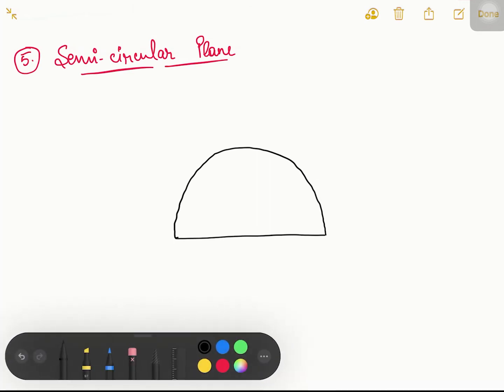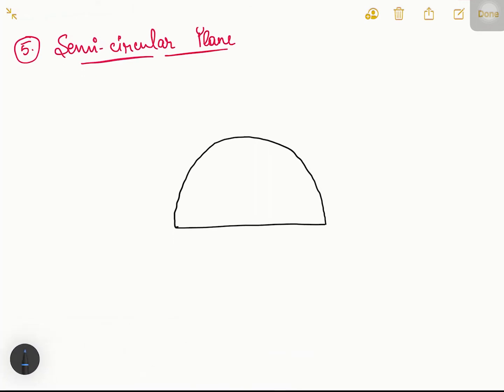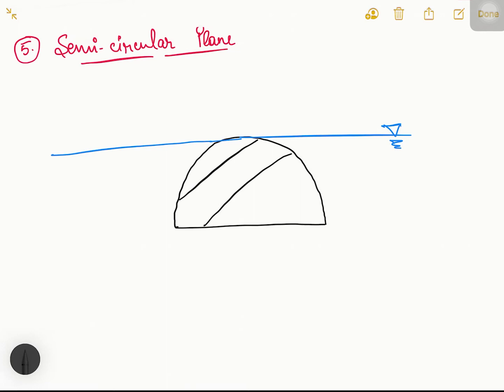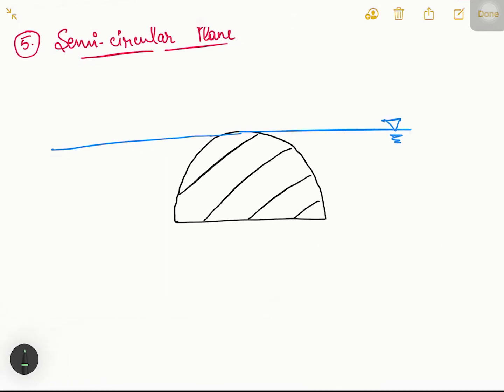So this is your semicircle. Somewhere here your CG will be lying.